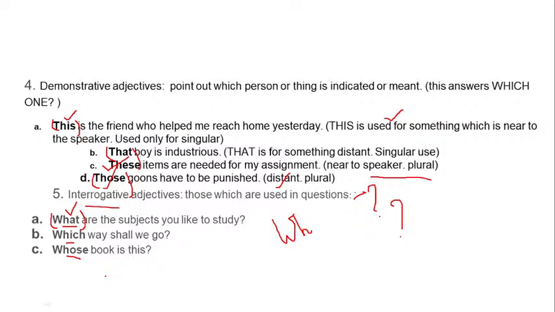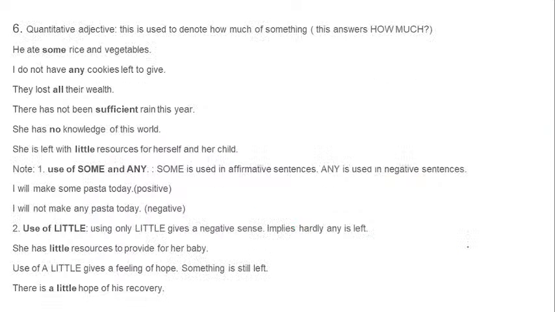These are the interrogative adjectives which will be used for asking questions only. The next one and the last one, as usual, is very important and has to be clearly studied and understood if you have to solve the questions very nicely.